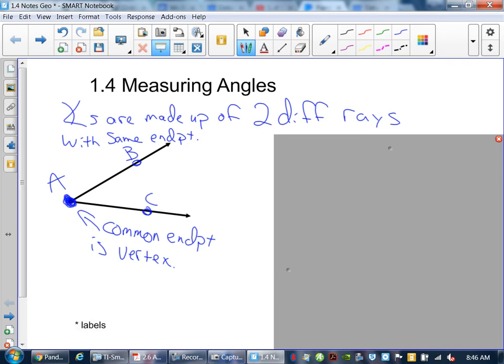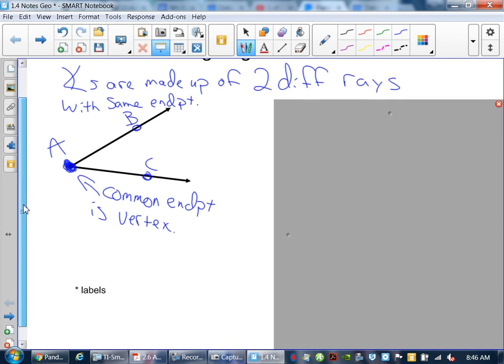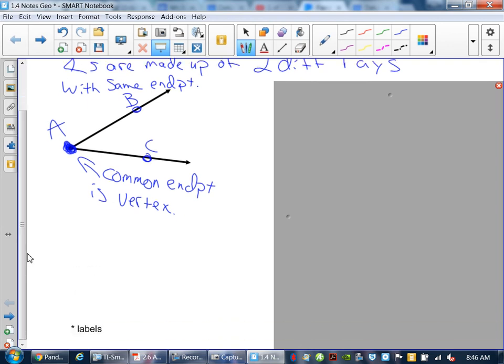So what we would call this angle is angle BAC or angle CAB. We call it one of those two. It doesn't matter which way you call it, but notice what letter is in the middle.